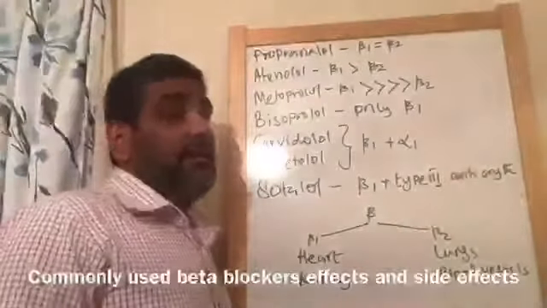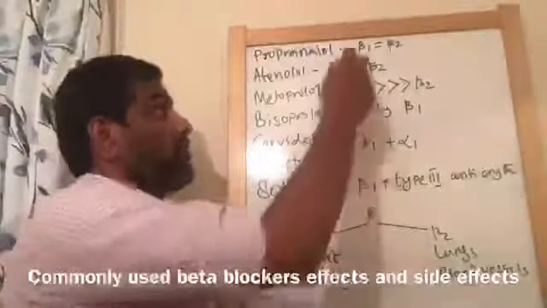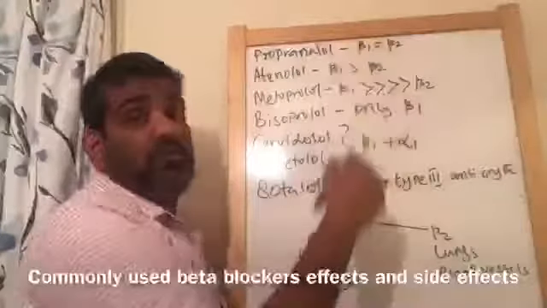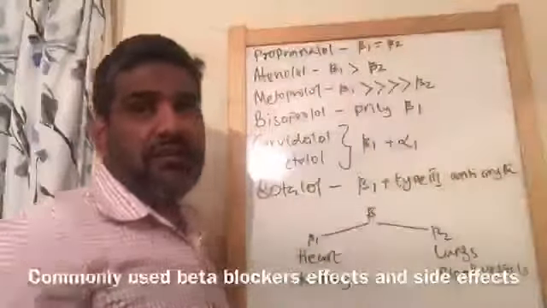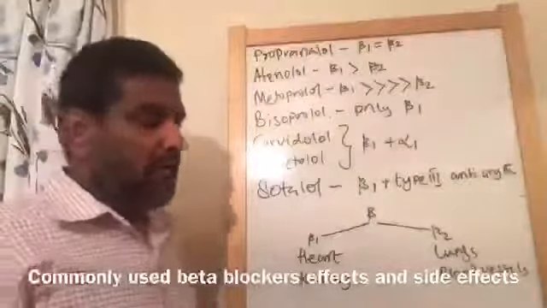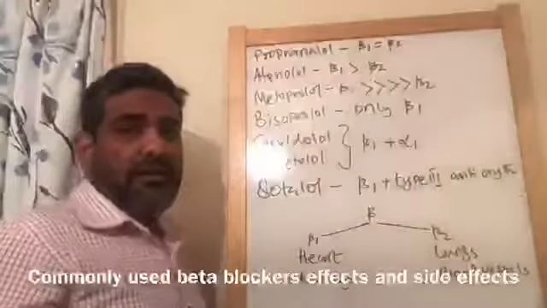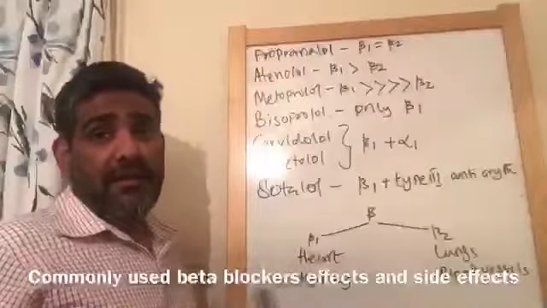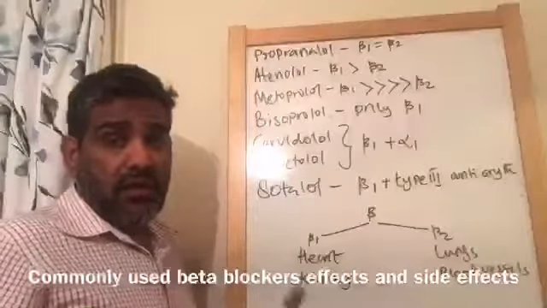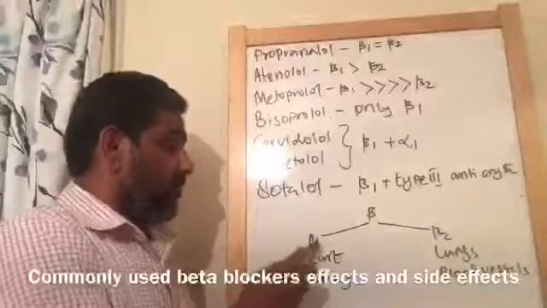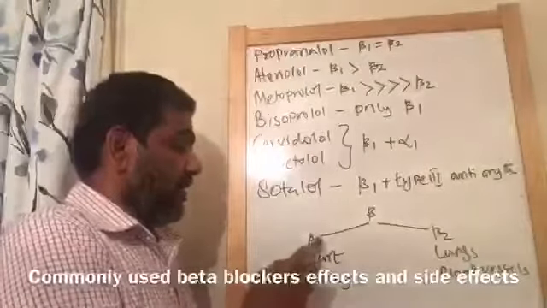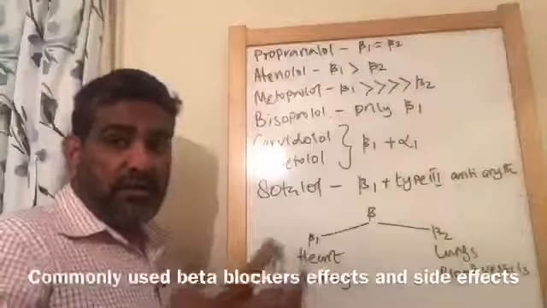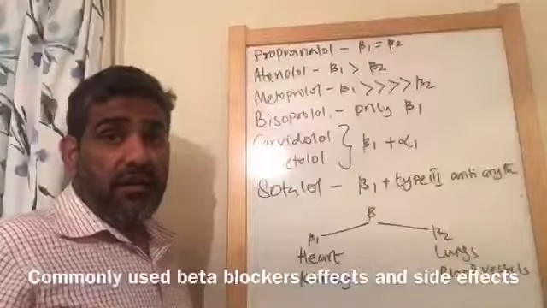It has effect on both beta 1 and beta 2 equally, so we call it a non-specific beta blocker. When you use it against hypertension, it reduces the hypertension by blocking beta 1 action in the heart, reducing the contractility and inotropic effect.